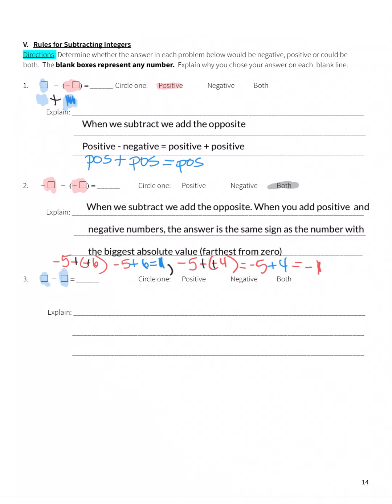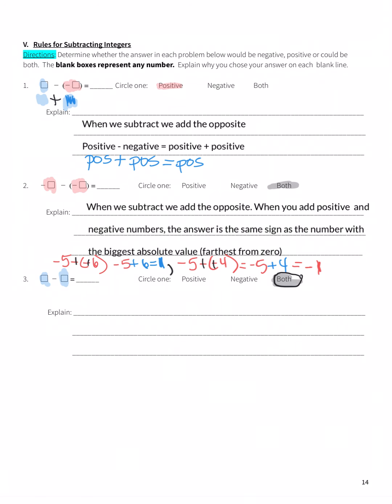All right, let's hope you got the answer of both. And why the heck is that? Well, remember, we changed to addition, and the bigger absolute value determines the sign.